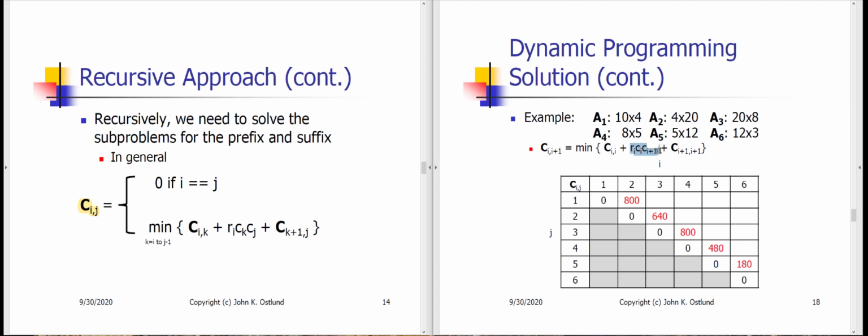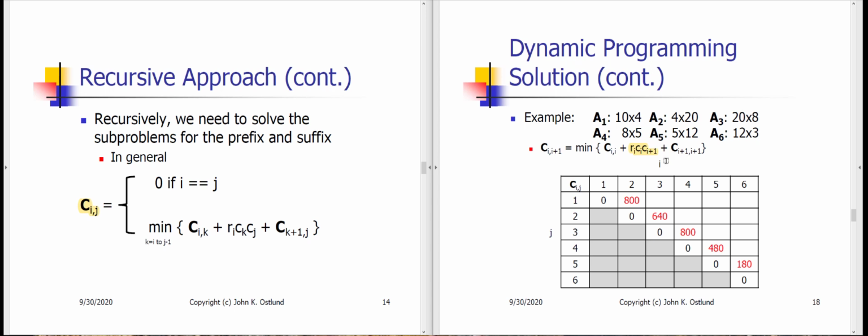So here's the formula. We're trying to find the minimum of C sub i,i, which is 0, plus rows in matrix i times columns in matrix i times columns in matrix i plus 1, plus another 0. Okay?